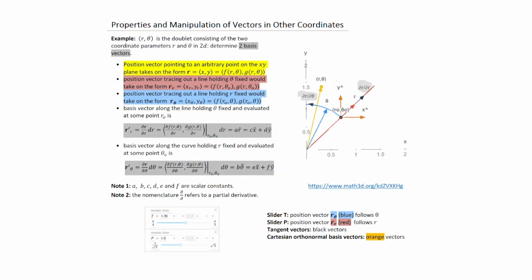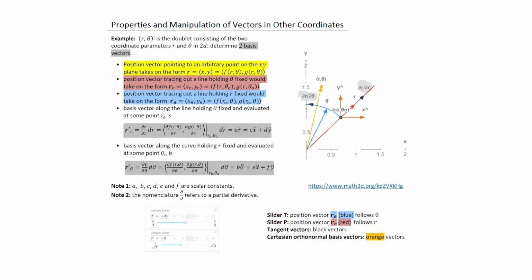So either this direction was r hat, or as some combination of x and y would give you the same vector. The basis vector along the curve holding r fixed and evaluated at some point θ naught would be just taking ∂r with respect to θ, okay? And so this is the one that looks at a vector that's pointing in this direction, right?